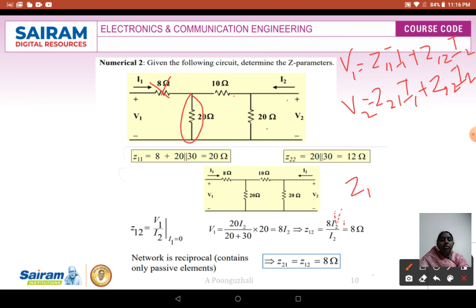So Z12 is equal to V1 by I2. So what is V1 they have found? It is your 8I2. So 8I2 divided by I2 is equal to 8 ohms.